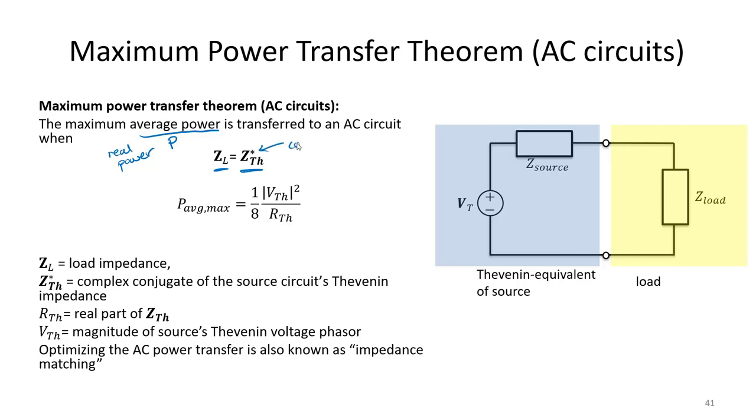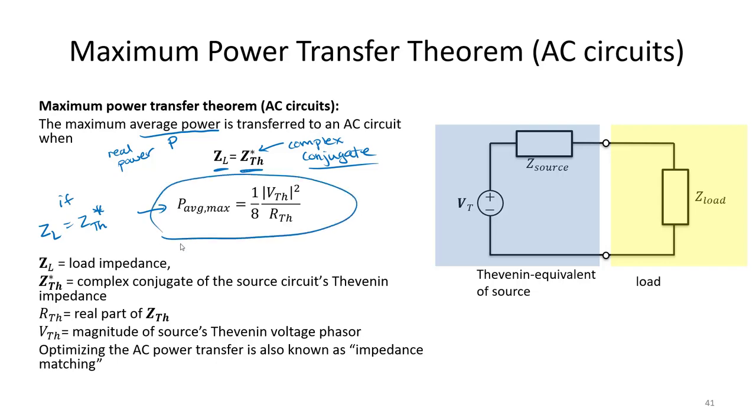So don't forget the complex conjugate. You'll see that the complex conjugate is important here because it will actually enable the imaginary parts to cancel out and the result will be completely real. We can also show that if maximum power is met, so if Z load is equal to Z Thevenin star, then the maximum power that will be transferred is given by this equation.